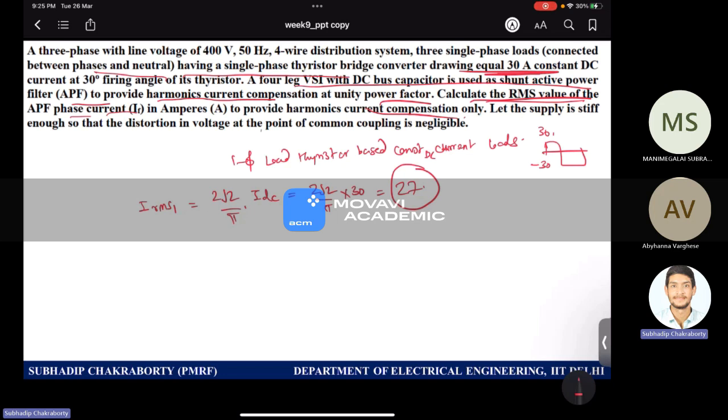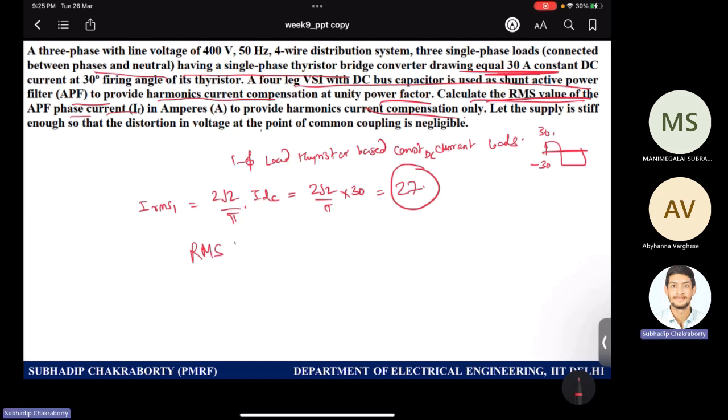Done up to this? Yes, sir. So what is the RMS fundamental? This is the RMS fundamental, right?